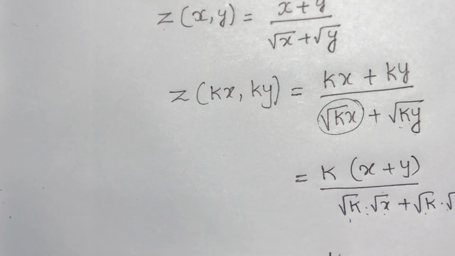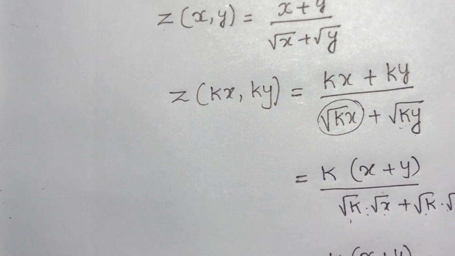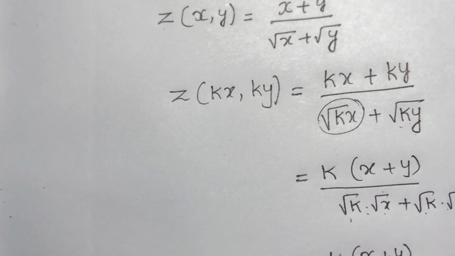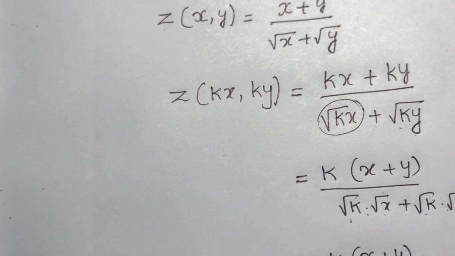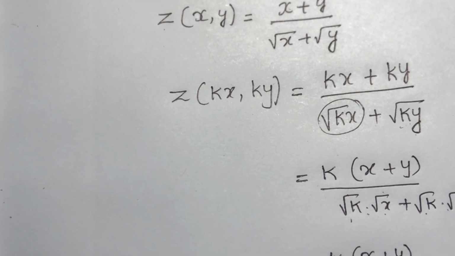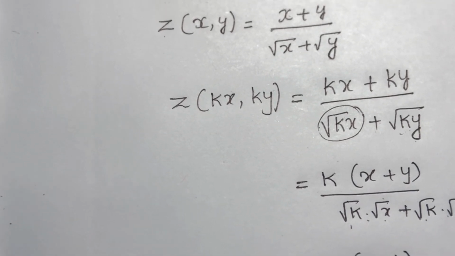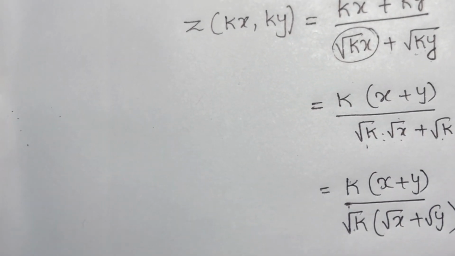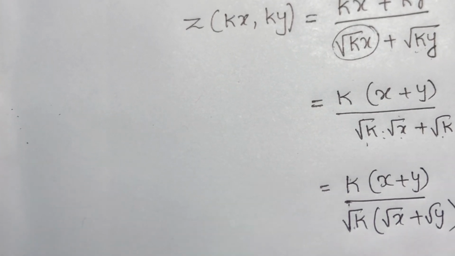Now I already took k common from the numerator. Now take root k common from the denominator. The leftover is root x plus root y. So here we have k by root k into (x plus y) by (root x plus root y).